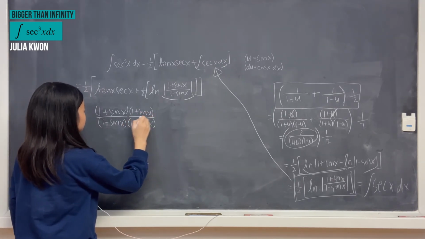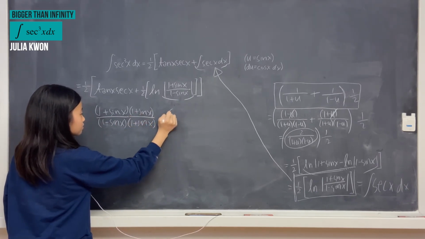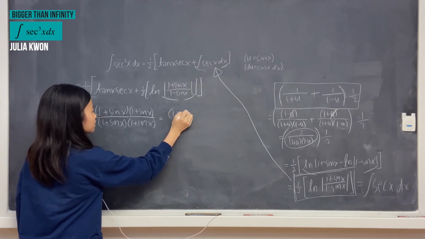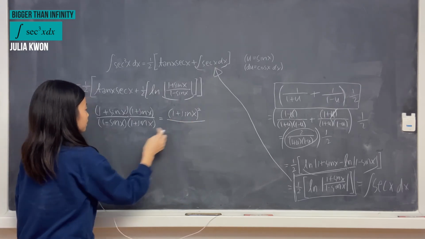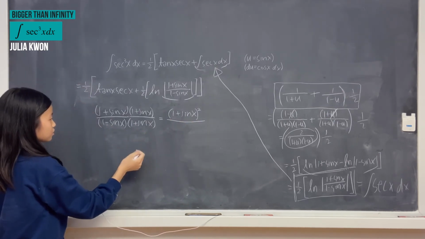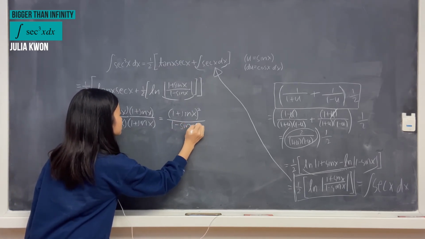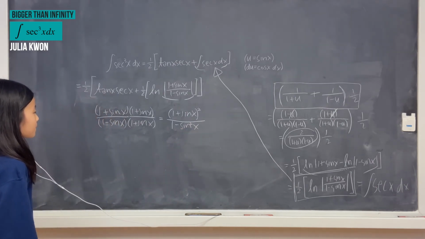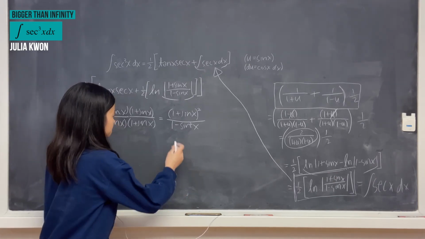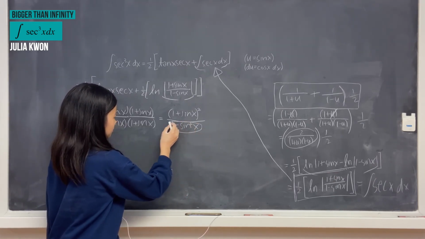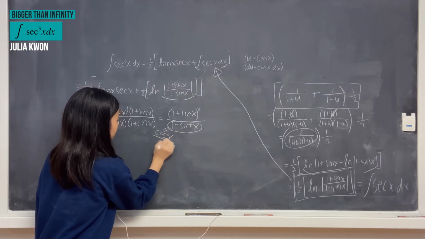And now the top will give us 1 plus sine x, squared. And on the bottom, if you expand it, you get 1 minus sine squared x. And now, if we use the identities of sine x and cosine x again, we would get this as cosine squared x.